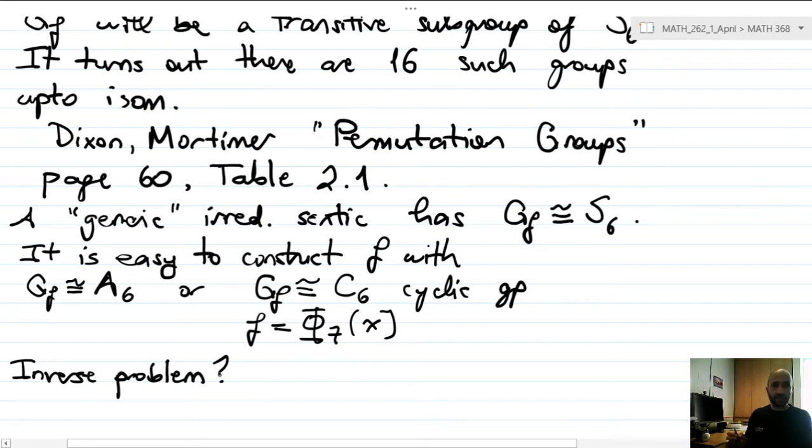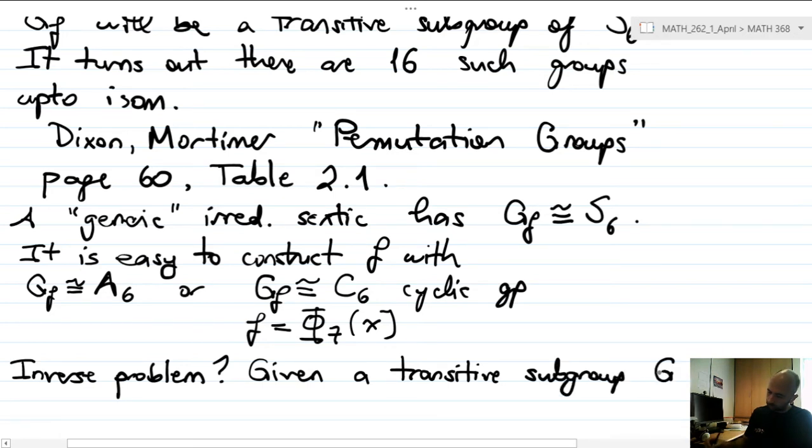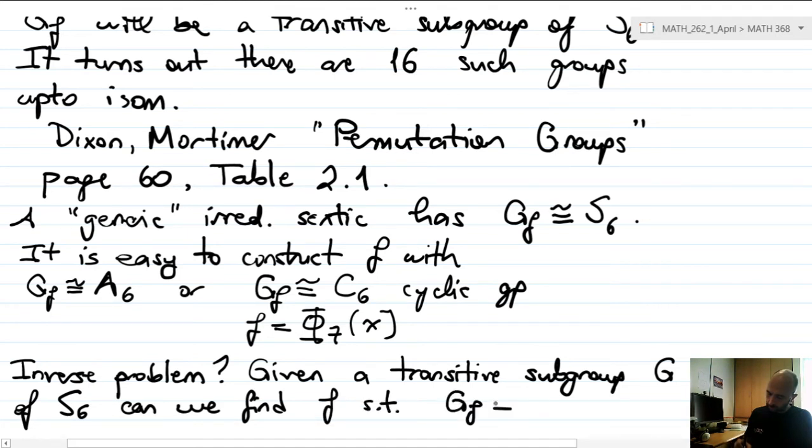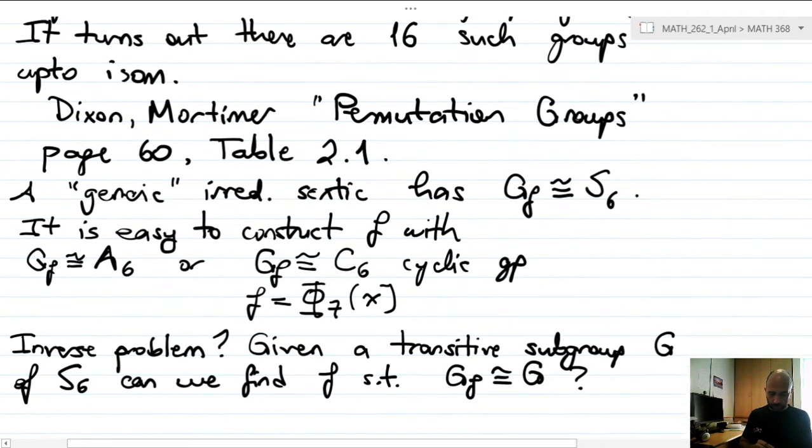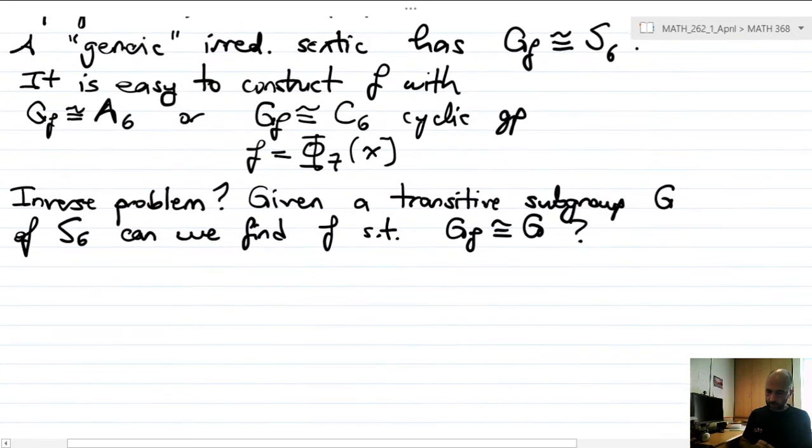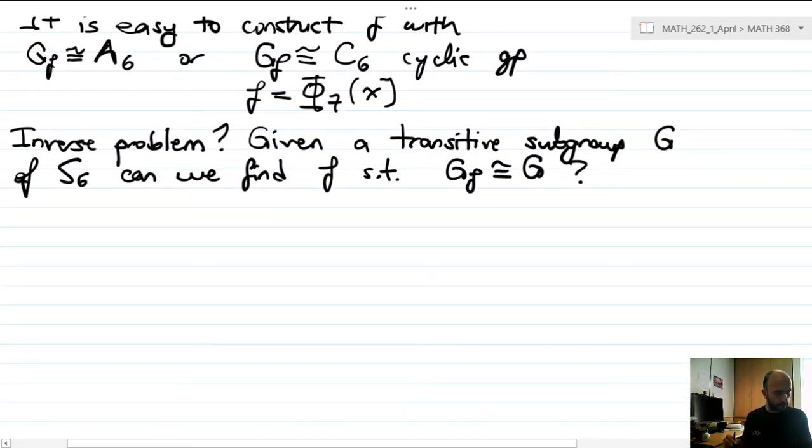So given a transitive subgroup G of S_6, can we find f such that G_f is isomorphic to G? How would you produce examples? That's the problem I want to address.